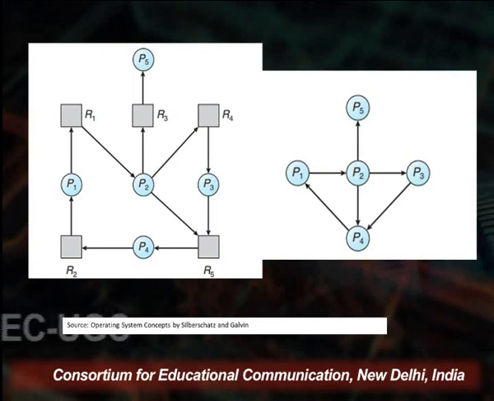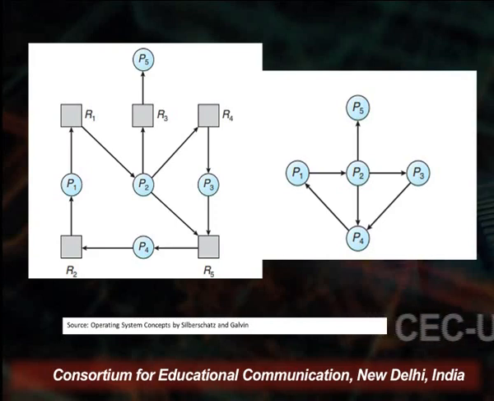What does it actually mean? This means that R1 is allocated to P2 and P1 has also requested R1. That means P1 depends on P2 for releasing resources, so there is an edge in the wait-for graph from P1 to P2.